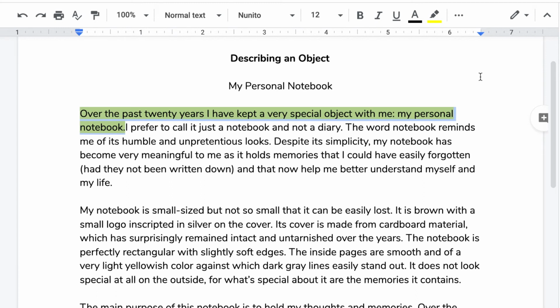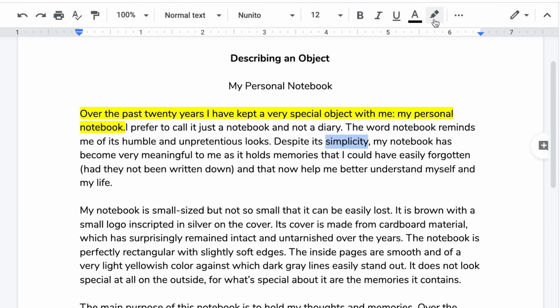What 2 elements about the notebook will the writer focus on in his or her description? Well, to answer this question, you kind of have to look at the other paragraphs. That's why it's important to read the whole essay before getting to the paragraph itself. But basically, when the writer refers to the diary's simplicity, he's actually referring to a physical description of the diary. And that's what the writer actually does in the first body paragraph, provides a physical description of the diary.